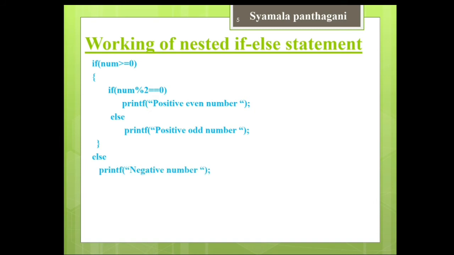Here I would like to check whether the given number is a positive even number, a positive odd number, or a negative number. If that number is negative, I am not going to check any other conditions. Just I would like to print a negative number.